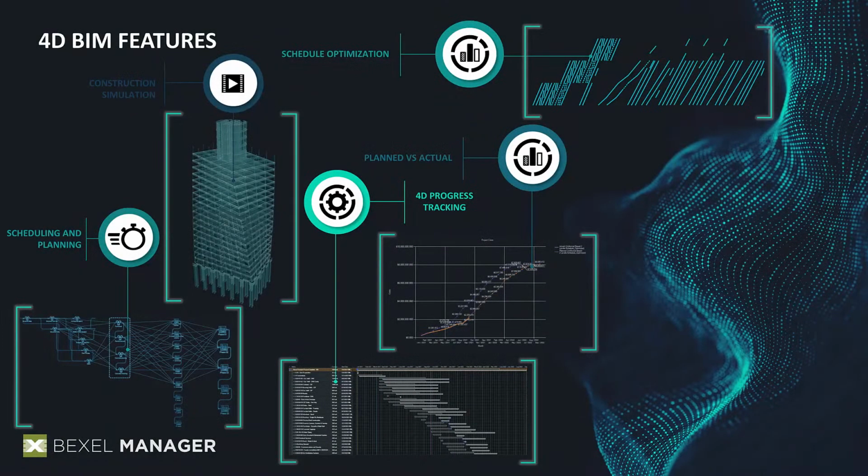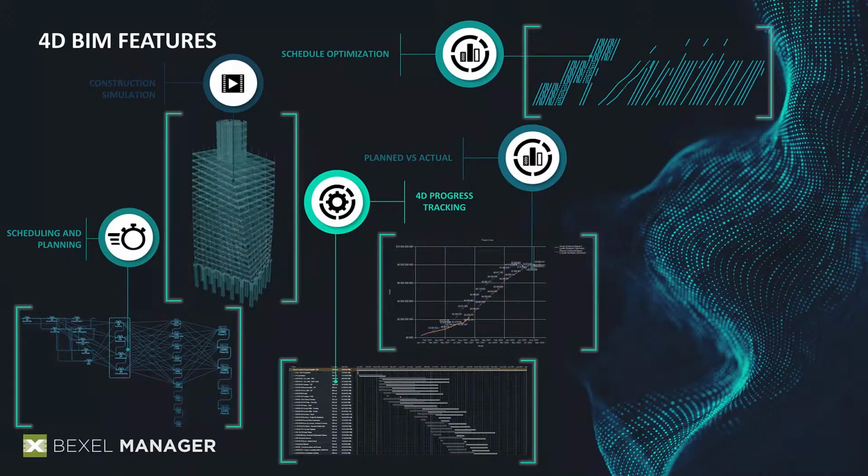After completing the process of quantification and cost estimation presented in our previous webinar, we can move forward with 4D features, which include scheduling and planning, construction simulation, schedule optimization, look-ahead plans and reports, and many more useful features.